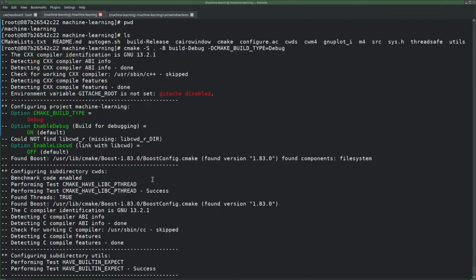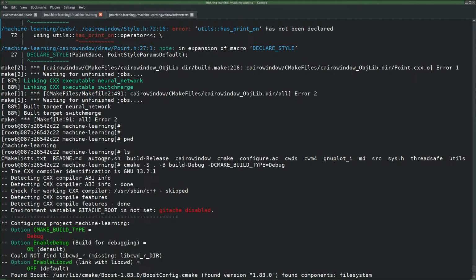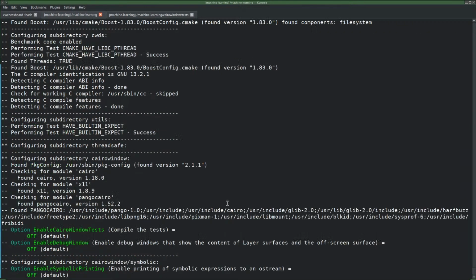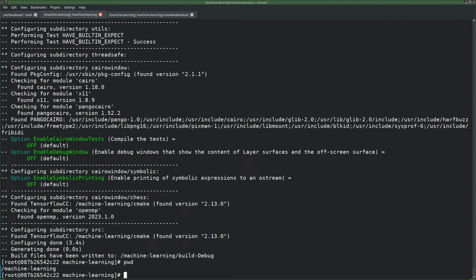So no, it should not have found libcwd. It was not found, and of course Gitash was not found. Gitash disabled. So I have to set the Gitash root, and then everything will be completely fine. I'm here and I want to set the Gitash root.